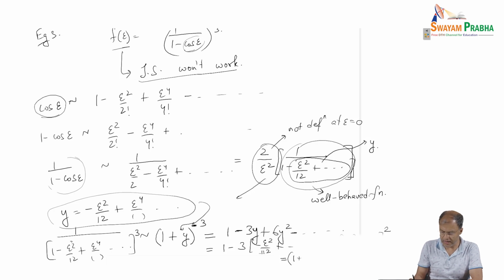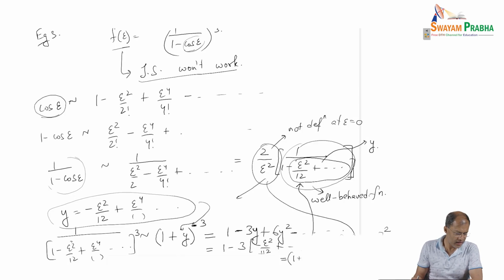So, well, I think we are just one more step remaining. So this particular Taylor series is for the well-behaved function, and then we have another function which is 2 by epsilon square sitting outside this factor.